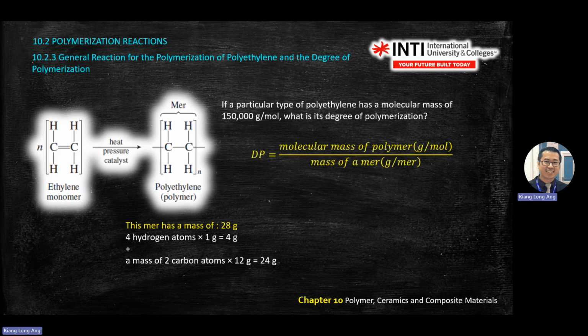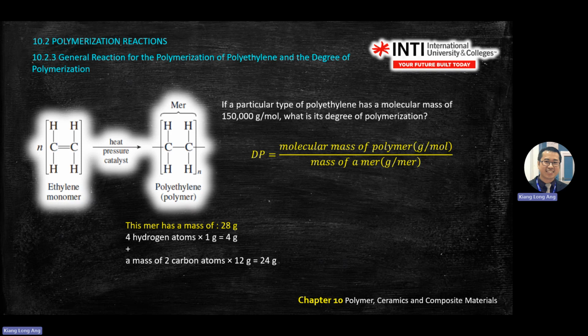So you calculate the degree of polymerization. Today you have your first equation for today. Degree of polymerization is the molecular mass of the polymer divided by the monomer mass. It means how many n? Degree of polymerization is the n here.